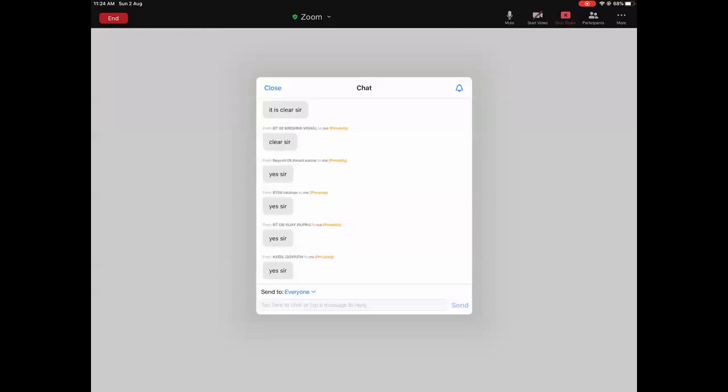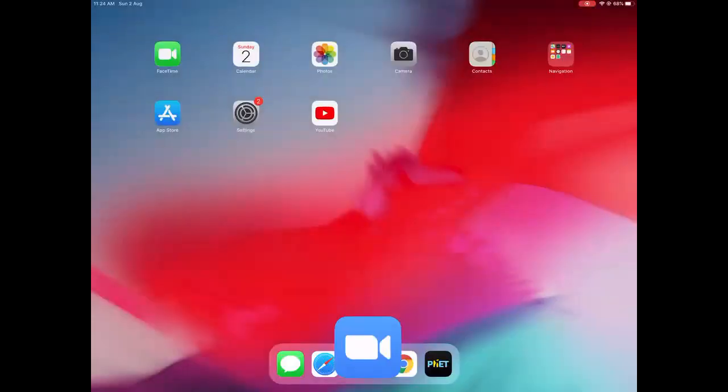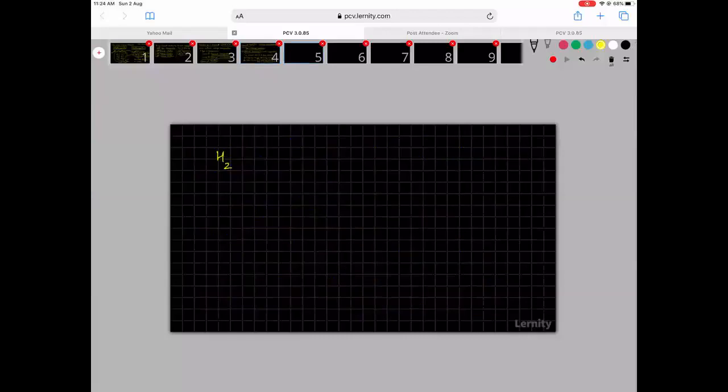I want to now explain these reactions. So I want to explain H2 plus O2 gives you H2O. Now I want to discuss this. I am seeing that this is a non-metal. Hydrogen is a non-metal. Oxygen is also a non-metal. So two non-metals are combining.